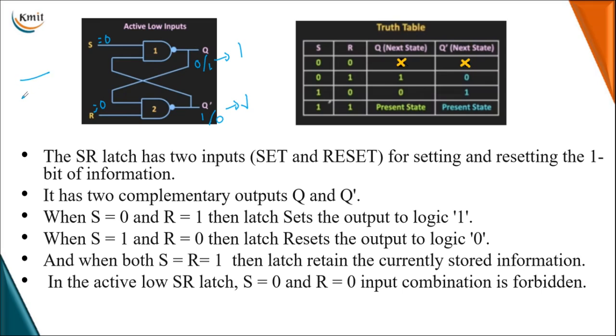We already know the NAND logic: if any input is 0, the output of NAND is logic 1. So if one of my inputs is 0, both the complemented state and the uncomplemented state become logical ones.